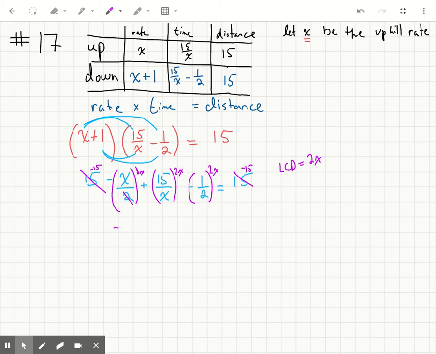So I'm just going to have negative x squared. And then the x here and here cancels, so it's plus 30. Right? And then this 2 and 2 cancels here, so just minus x equals 0. Okay. Now I'm going to go ahead and times everything by negative 1. So I have x squared plus x minus 30 is equal to 0.